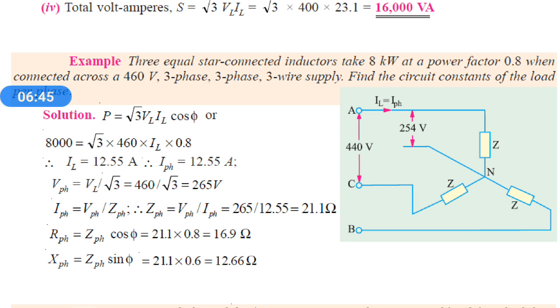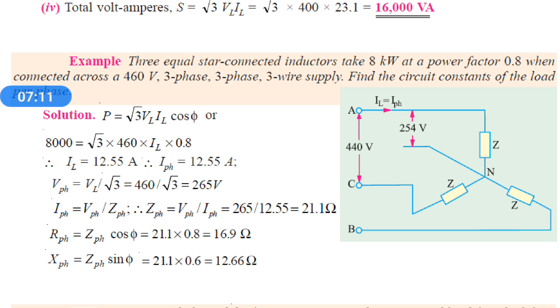We know the power equation P equal to root 3 VL IL cos phi. From this equation, the power is known, VL is given as 460 volt and power factor is given as 0.8, so only IL is the unknown. We can calculate the line current IL.